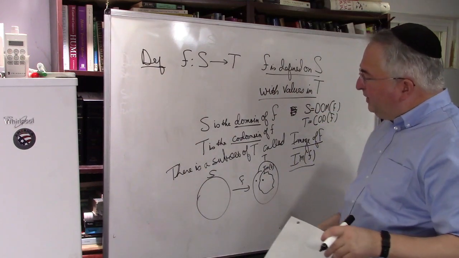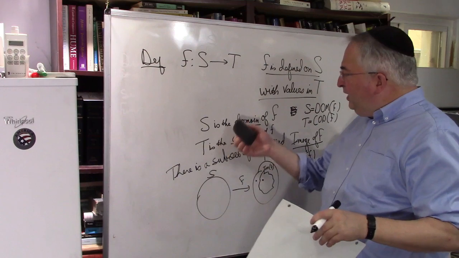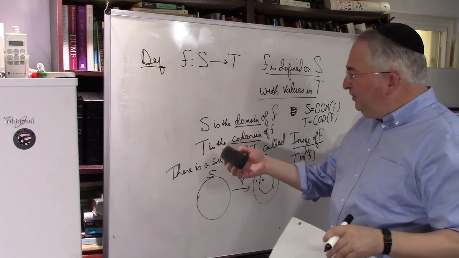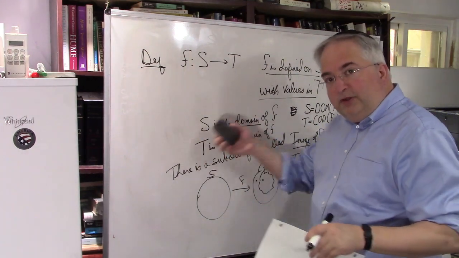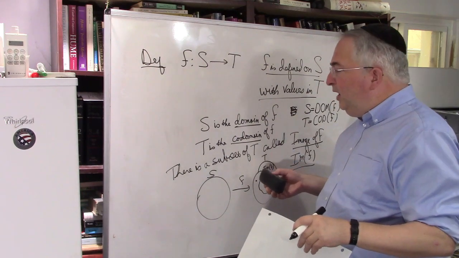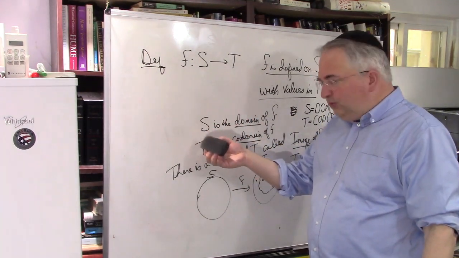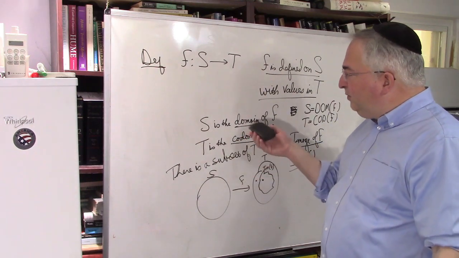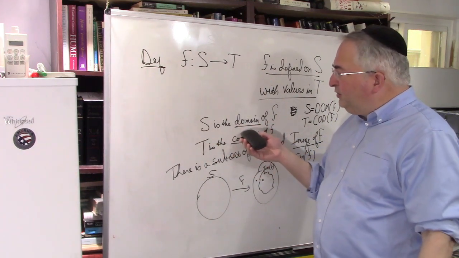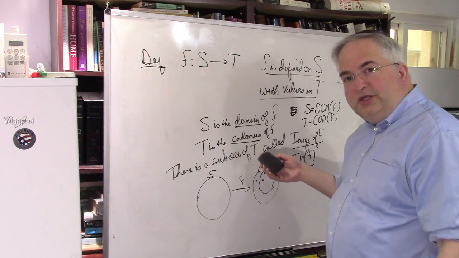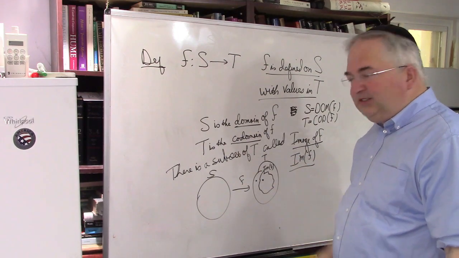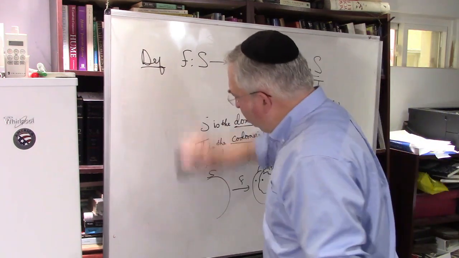Let's just go through the examples. We saw mother, the function mother: the domain is people, the codomain is people. For the function U.S. citizens, lives in: the domain is U.S. citizens, the codomain is the states that they live in. Okay?